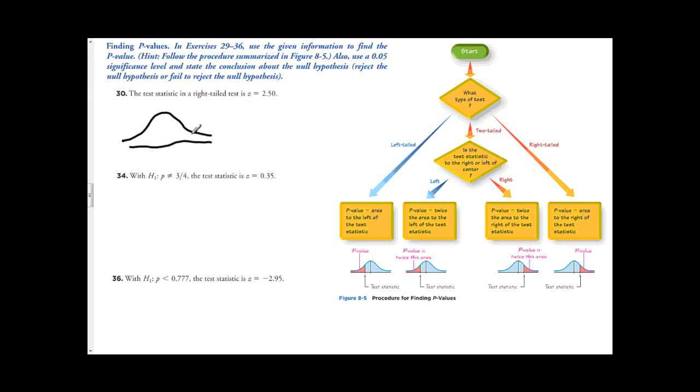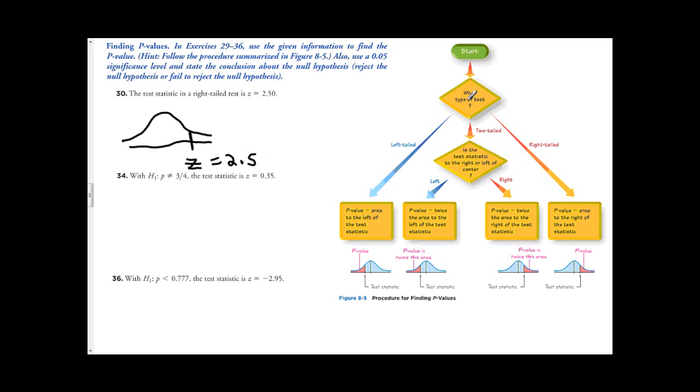The p-value is going to be on this side. We're looking at a right-tailed test. And the z-score here from the test statistic is equal to 2.5. Let's look at this figure to find the p-value.